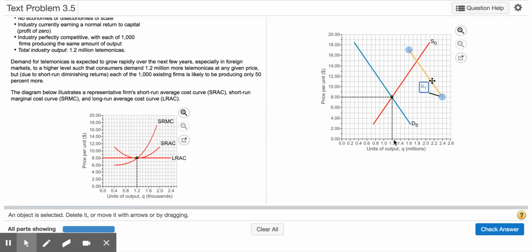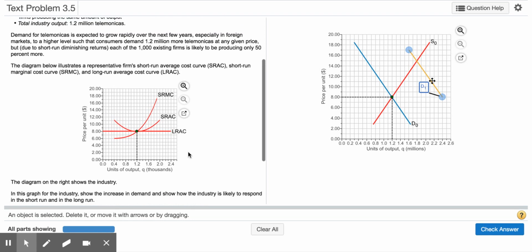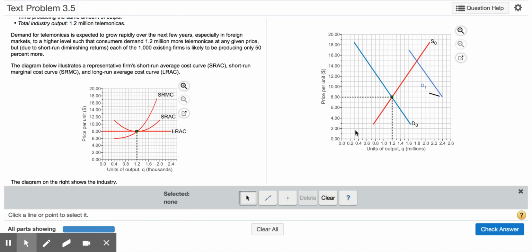So we should expect the new equilibrium to be at 1.8. And when production is 1.8, the equilibrium price should be 15.